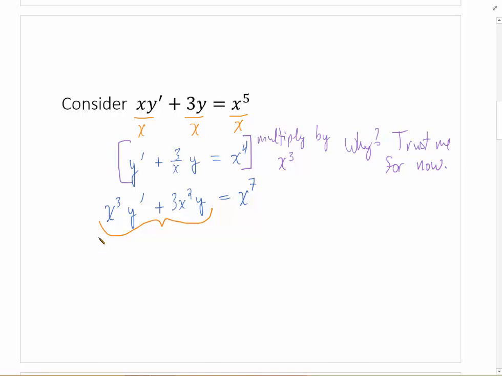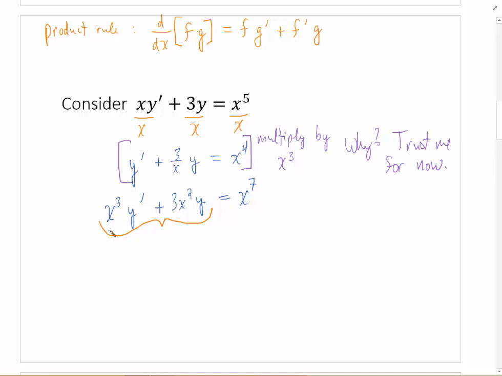Remember the product rule for derivatives said that the derivative with respect to x of f times g, where f and g are functions of x, was f g prime plus f prime g. Hopefully you've seen that product rule. Maybe it was presented slightly differently, but I really hope you've seen this idea before.